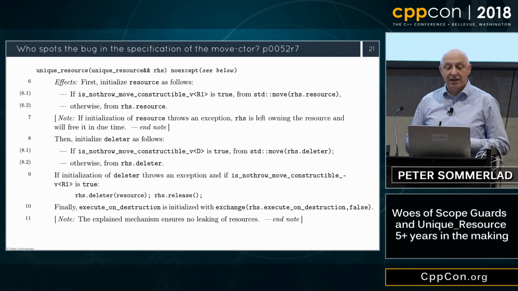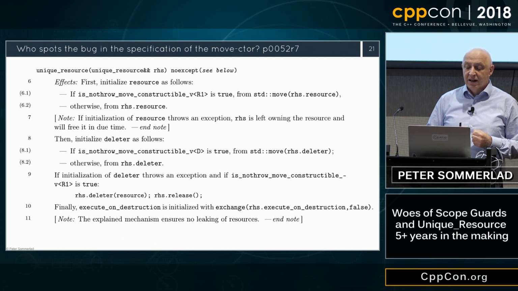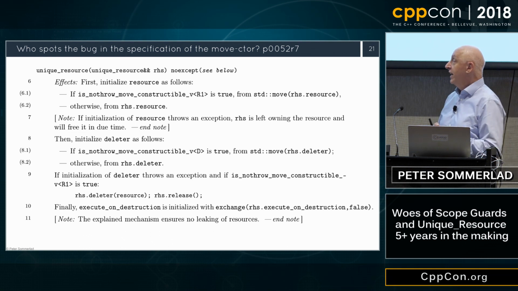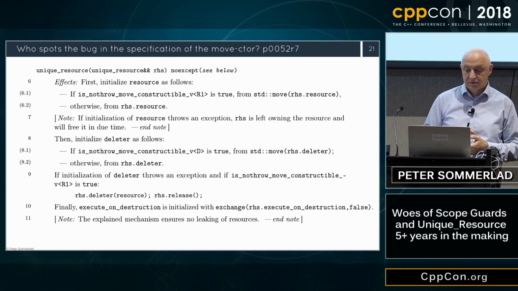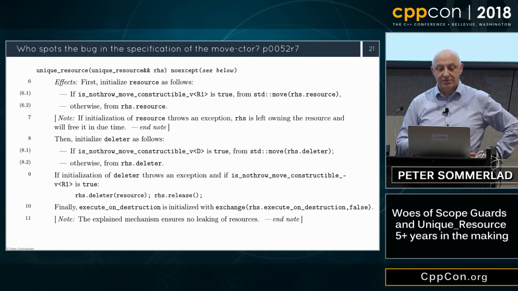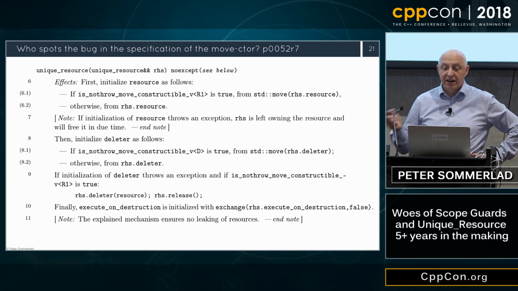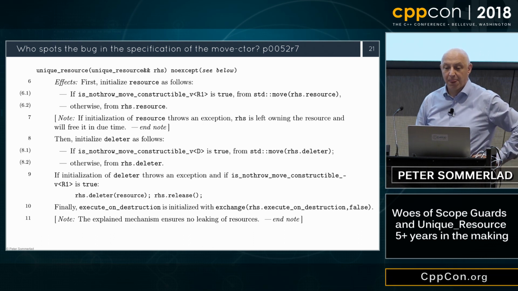And the same with the deleter object. And if that throws an exception, we actually call the deleter with the already moved resource, and release the right-hand side, so it's no longer calling the deleter. And finally, we memorize that the execute-on-destruction was on the right-hand side.